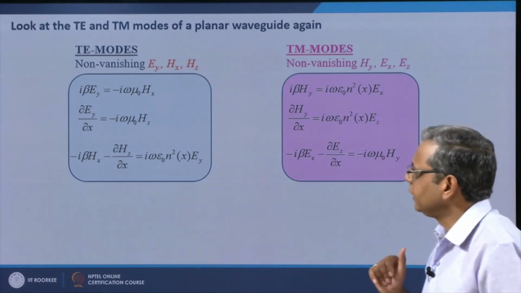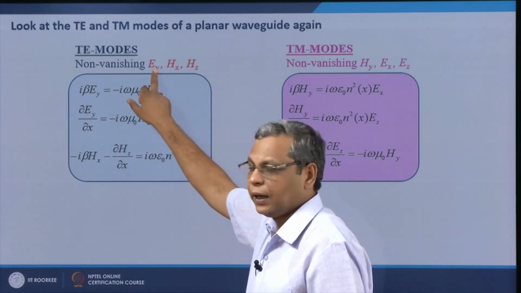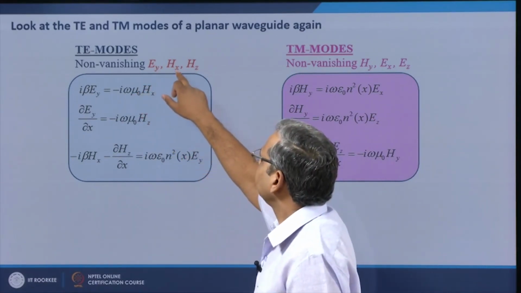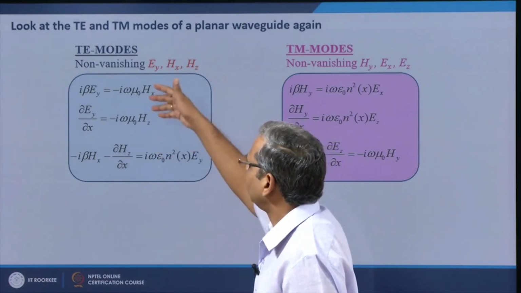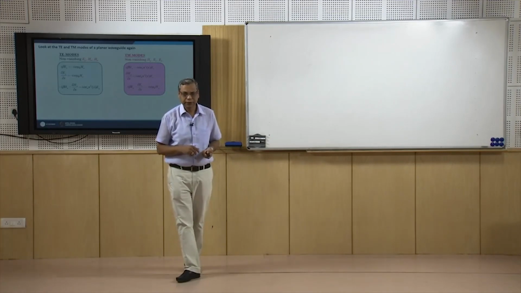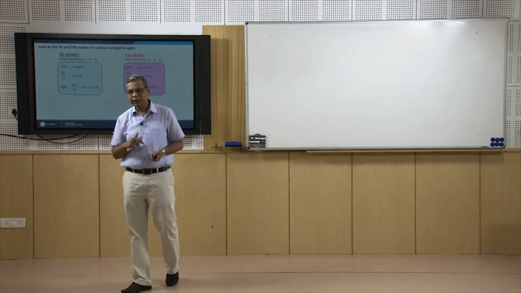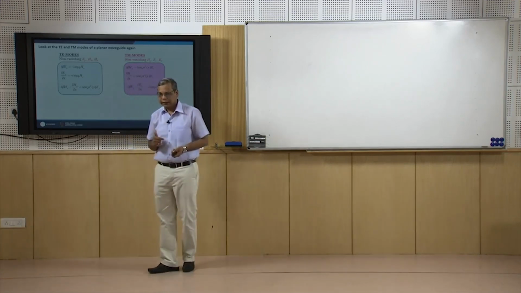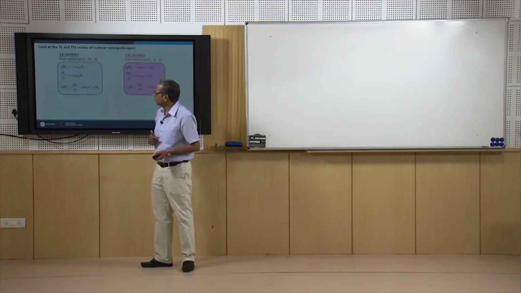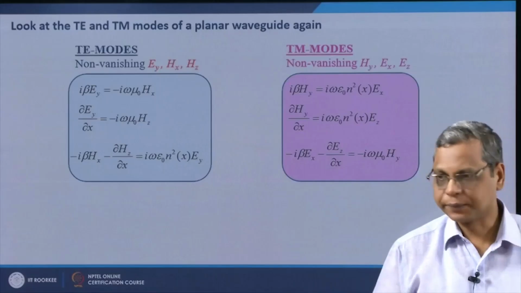So, what I had done actually, I found out Ey and then I can get Hx and Hz from these equations. So, once I know Ey, I had formed the differential equation in Ey, solved the equation for Ey, got the modal fields. So, once I get Ey, then from there I could get Hx and Hz.